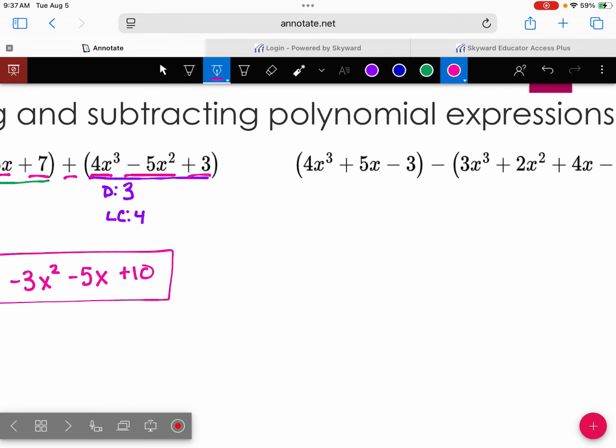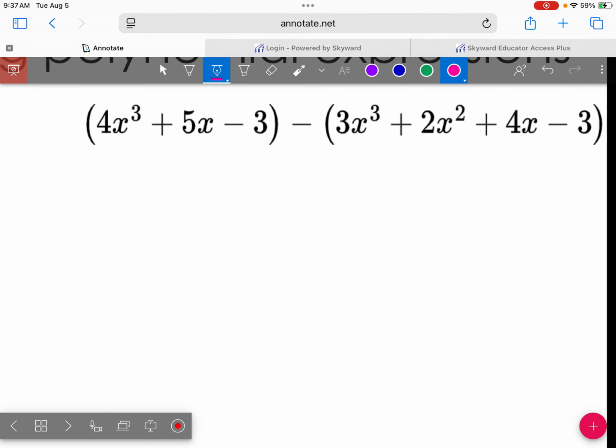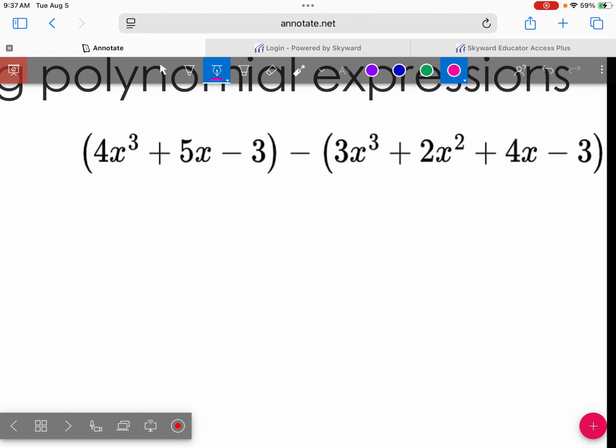Because now we're going to take some very similar polynomials. Let's look over here at this one. I'll give you a second to write it down. And we're going to subtract these polynomials. You can do this in a couple of ways. You can either do it very similar to the way we just did, where we worked it from left to right and we just did each term individually, or you can distribute the minus sign through.